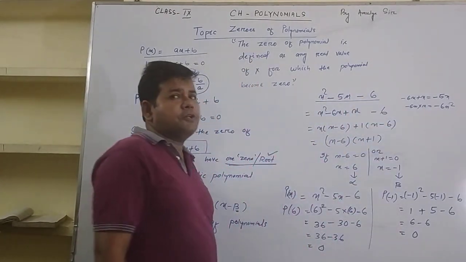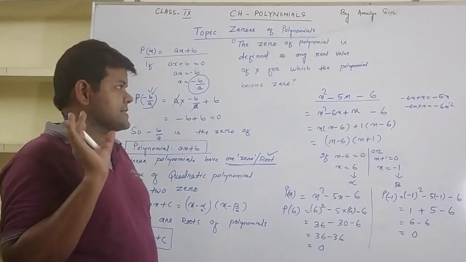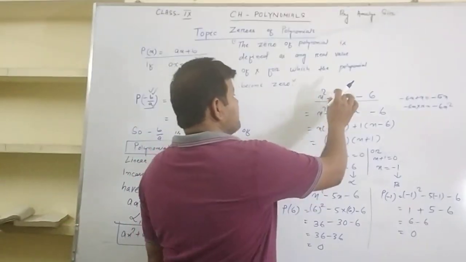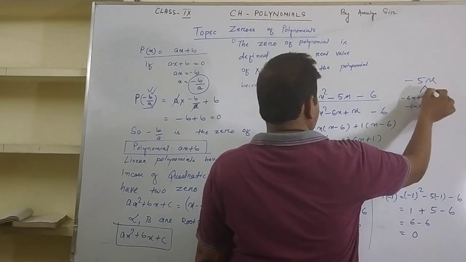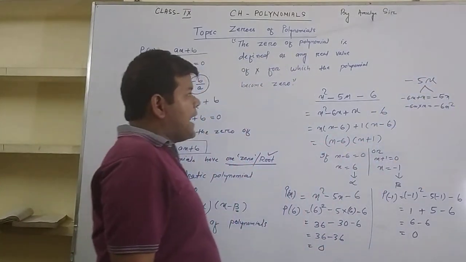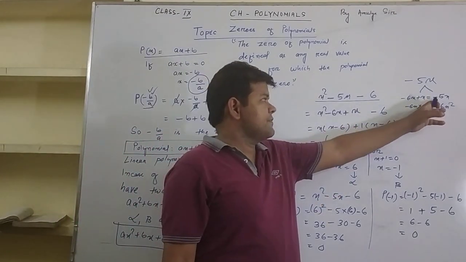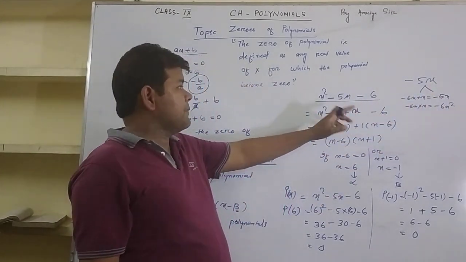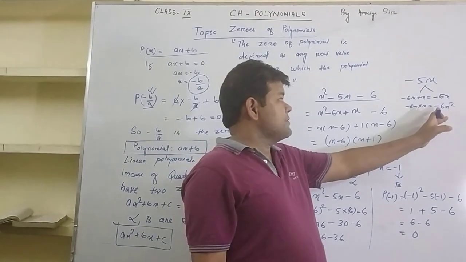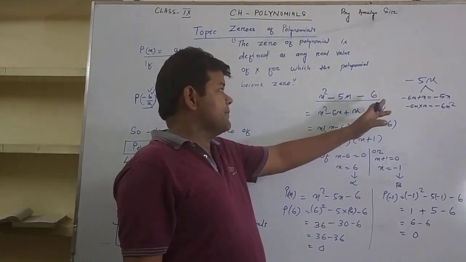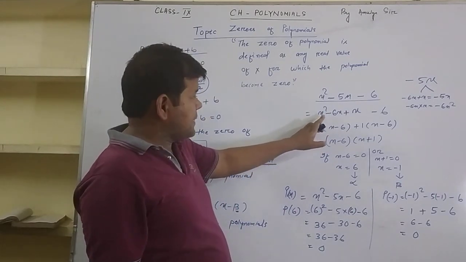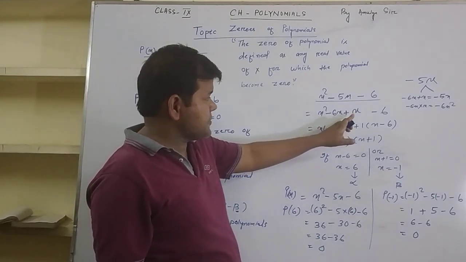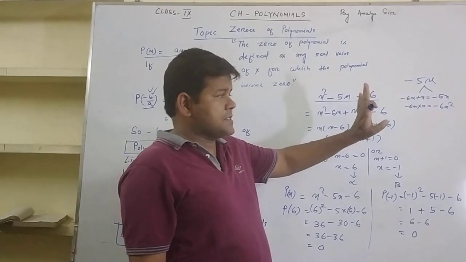Middle term factorization you know from class 8. You have to break minus 5x into two parts such that when you add, it comes minus 5x, and when you multiply, it comes minus 6x square. So I make it minus 6x plus x. So x square minus 6x plus x minus 6.